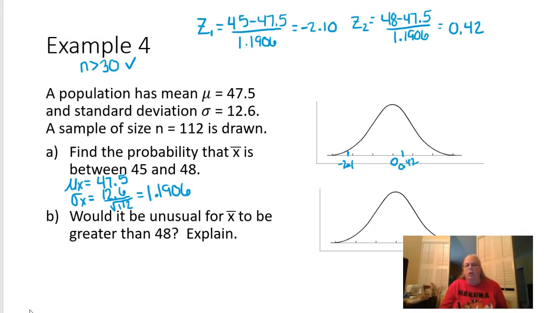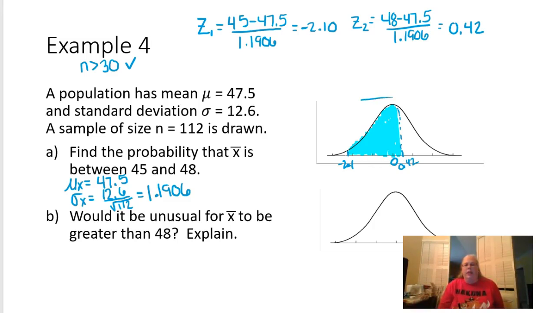All right, so let's draw in our vertical lines. And the area under the curve that I'm looking for is going to go from here over to here. Remember, when I'm trying to find the area under the curve that's between two z-scores, I have to subtract, because I'm going to find the area to the left of 0.42, which is going to take me all the way across.